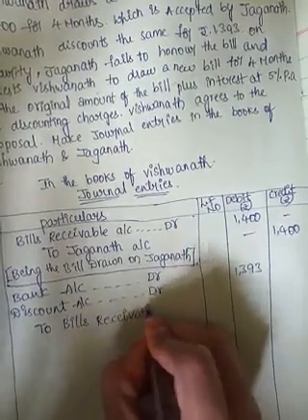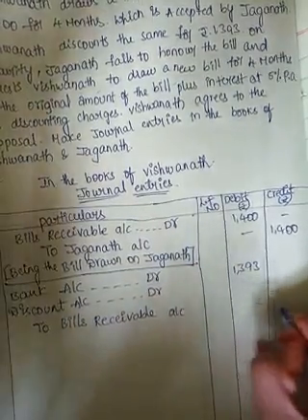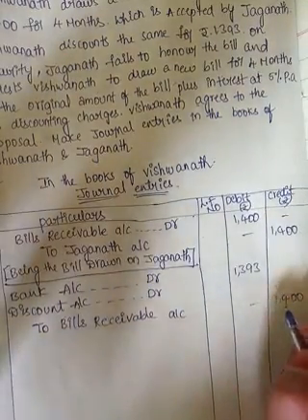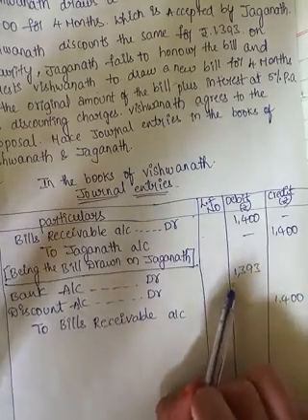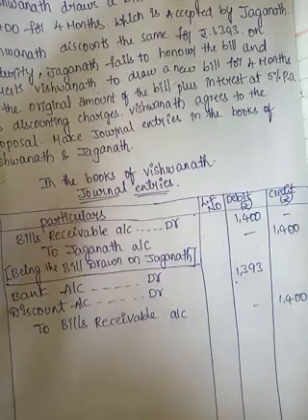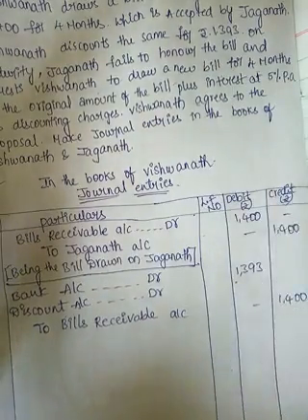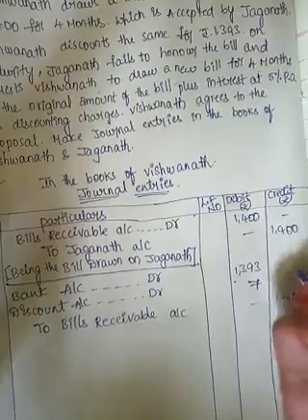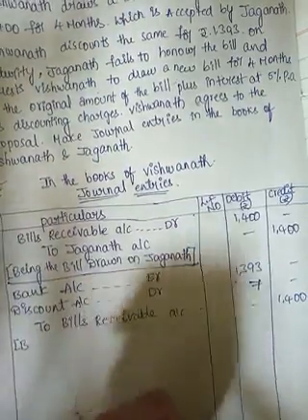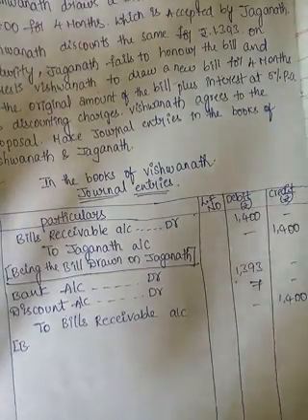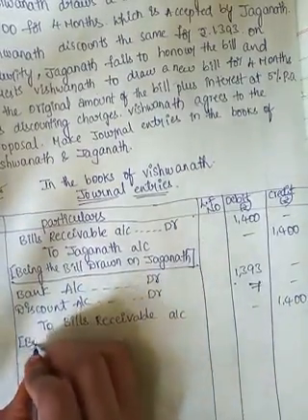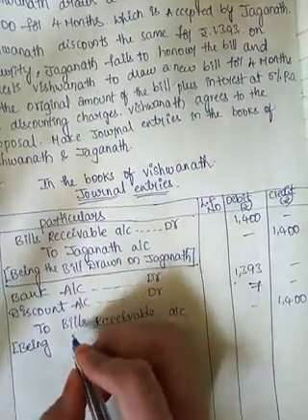Total amount is 1400, and from this he received only 1393. The remaining 7 rupees is discount. Total is 1400. Being the bill discounted.